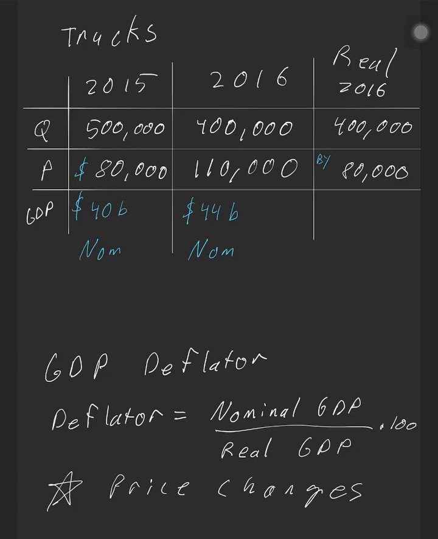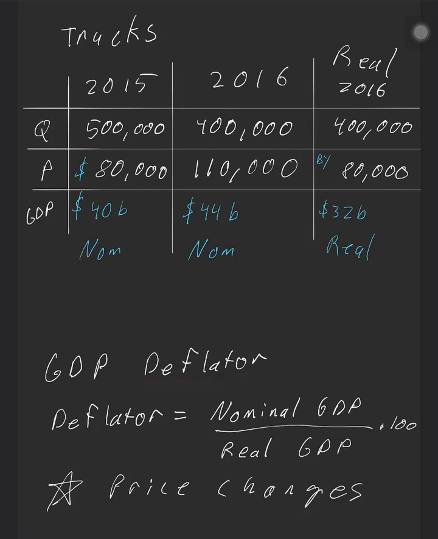And then when I cross-calculate those things, we can see we actually have produced less in real GDP comparing 2016 to 2015. So this gives us one way to actually account for price changes using our GDP numbers.